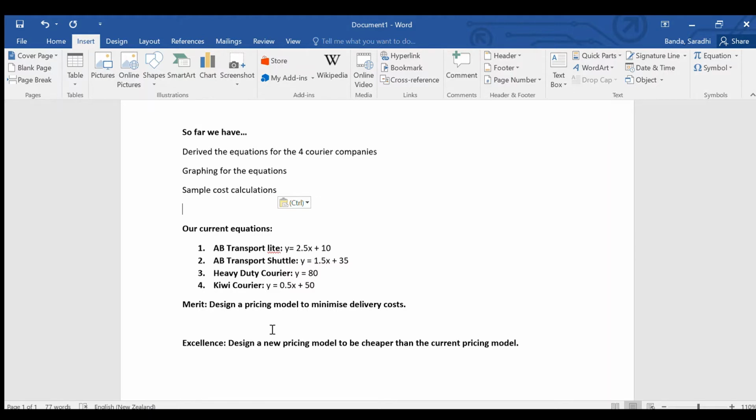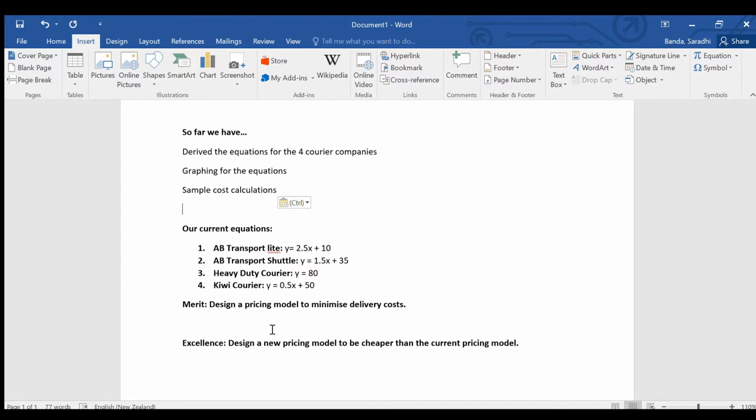Now, for merit, what they basically wanted to see from you is you being able to design a multi-price model where the cost of delivery is always going to be cheap. In other words, in the future you could be delivering to more than three supermarkets, and these supermarkets could be anywhere within the distance 0 kilometers all the way to 65 or 70 kilometers within the Auckland radius.